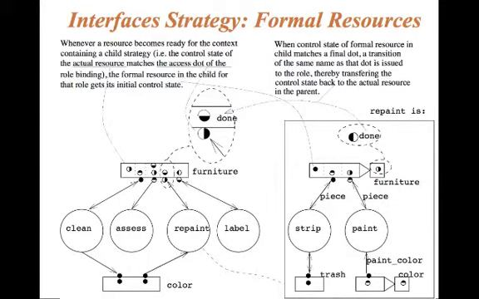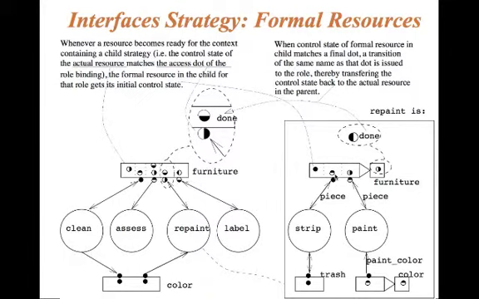And the answer is, if we consider this little thing on the right a strategy, there's a special kind of resource called a formal resource, which is shown with a little triangle here, and that represents a role. So this particular strategy has two roles, one named furniture, one named color.